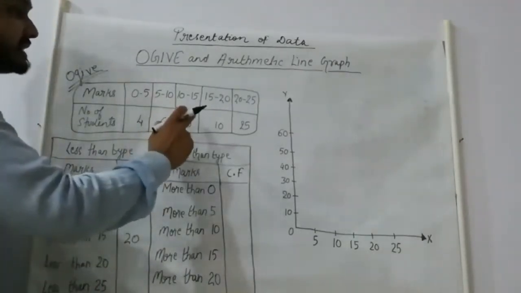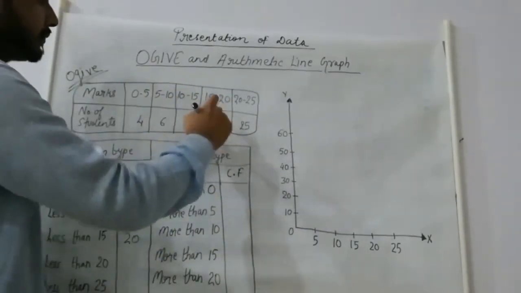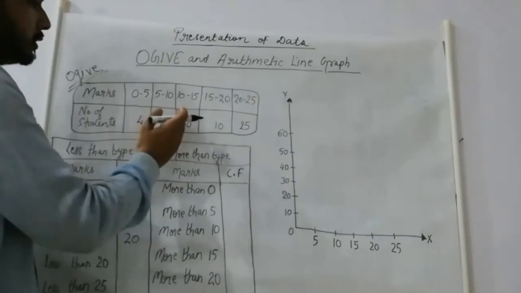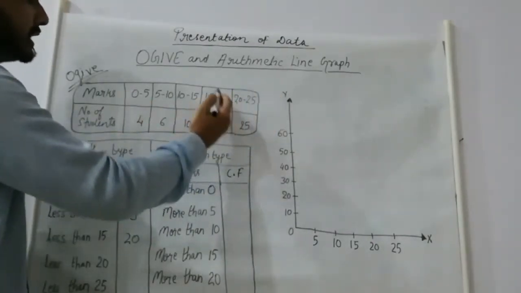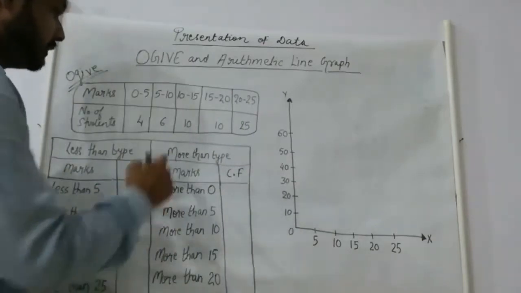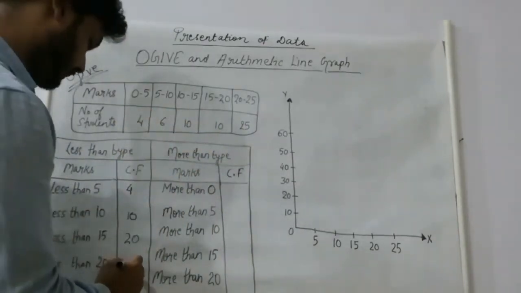Okay, then less than 20, it will be 6 plus 4 plus 10 plus 10. This is more than 20, so less than 20 will be till here, so it will come to 10 plus 10, 20 and 10, 30.